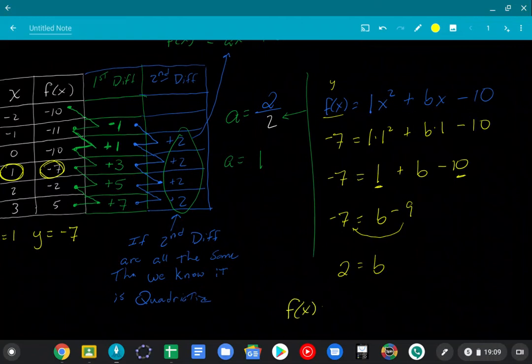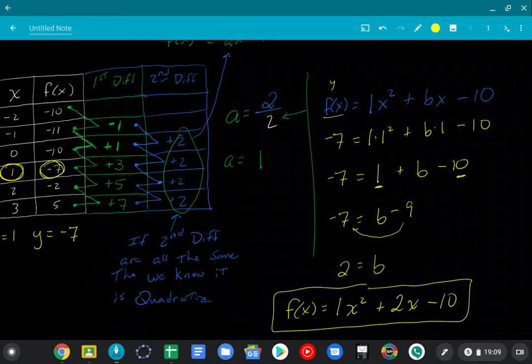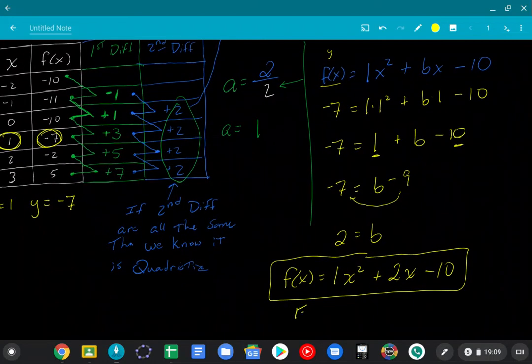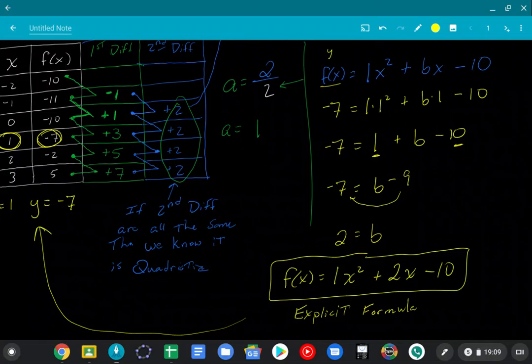F of x is equal to 1x squared plus 2x minus 10. This is the explicit formula for that data over there. We nailed it.